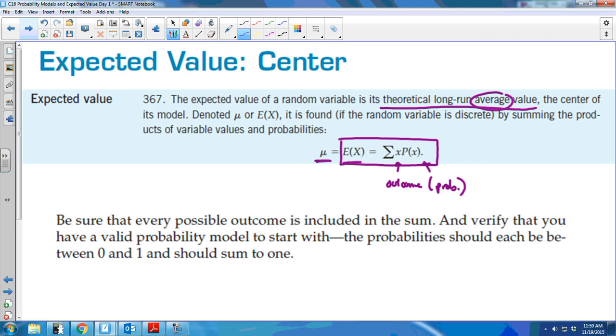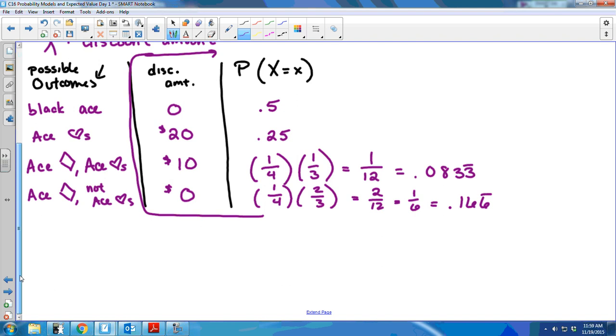So if we're going to find the expected amount of discount for this probability model, because it asks what was the expected discount, you just multiply the discount amount by its probability.